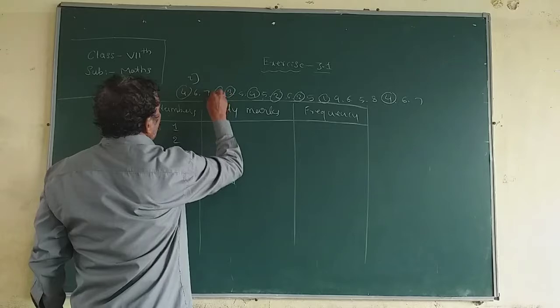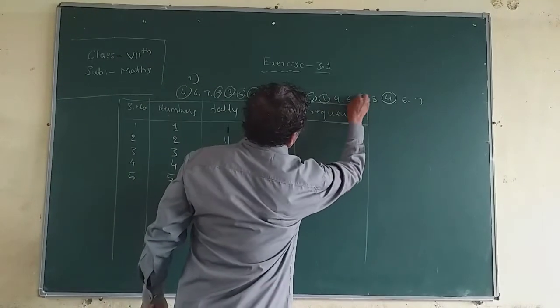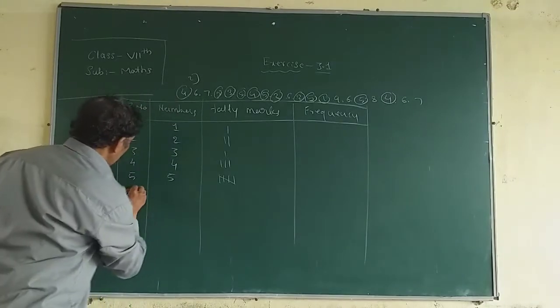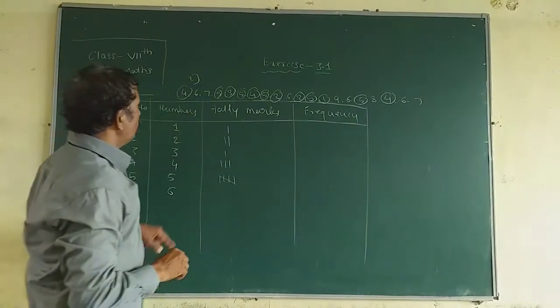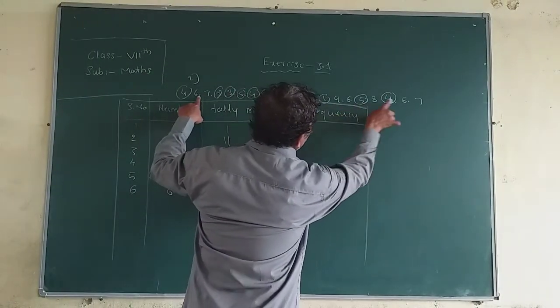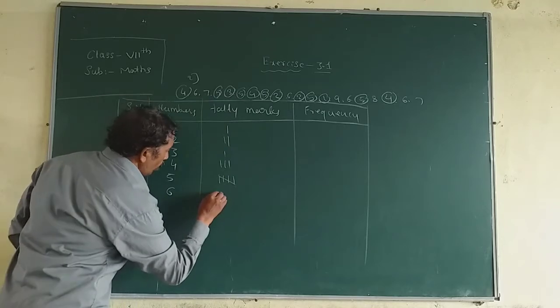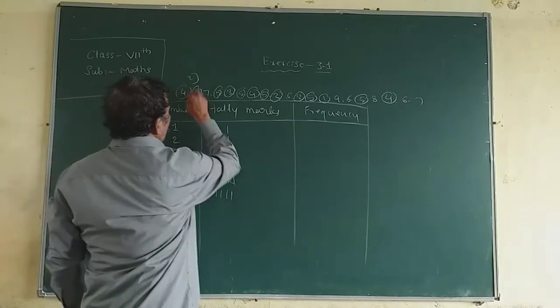Now circle number 5. Next, number 6. Find how many times 6 appears. 1, 2, 3, 4. Give 4 tallies. Then circle 6.